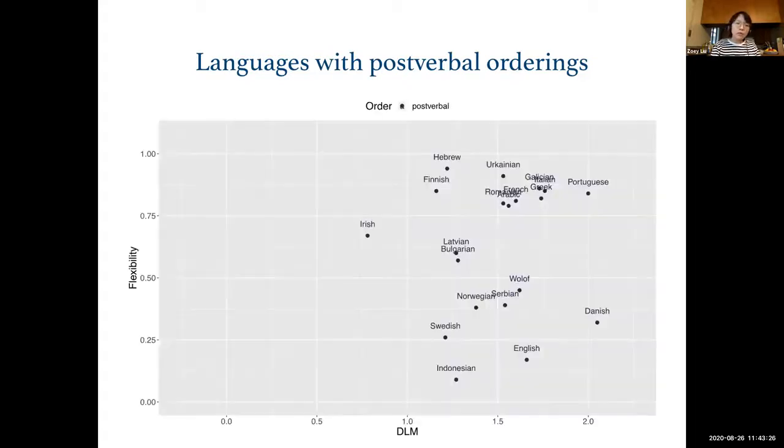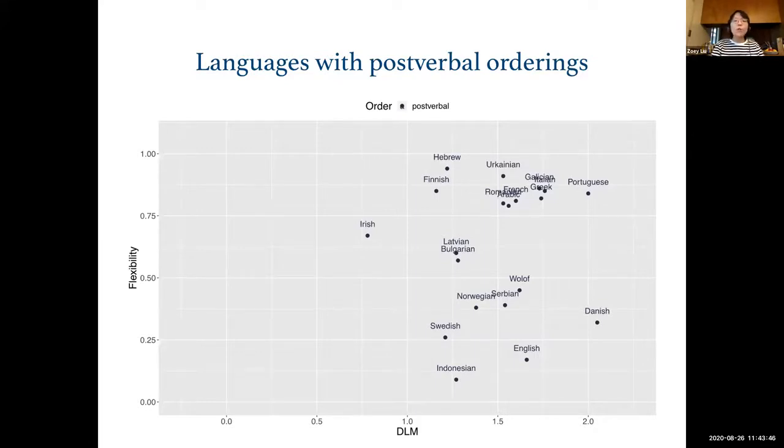The first pattern is languages with post-verbal orderings. That is, when the NP and PP appear on the same side, they occur only after the head verb. Twenty languages appeared with such patterns. Among these, in this graph, the x-axis represents the effect of dependency length minimization, and a value significantly different from 0 indicates there is a significant effect for dependency length.